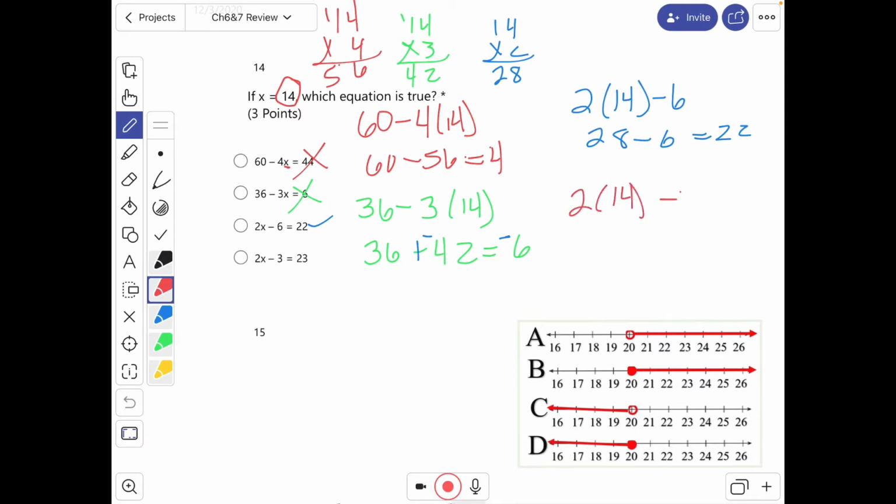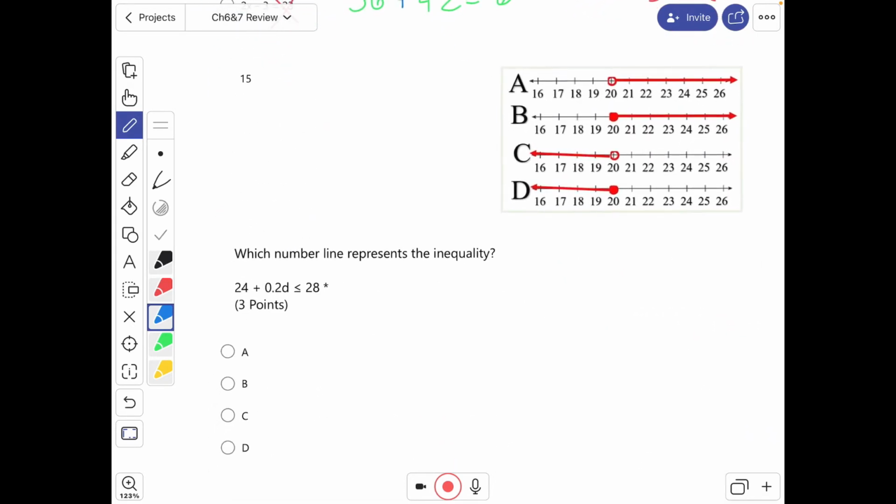The last one is 2 times 14 minus 3. Well, 2 times 14 is still 28. Minus 3 makes 25. They did not get that. So the correct answer is that one.